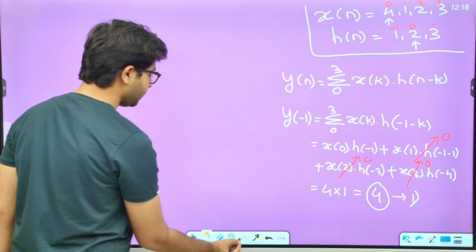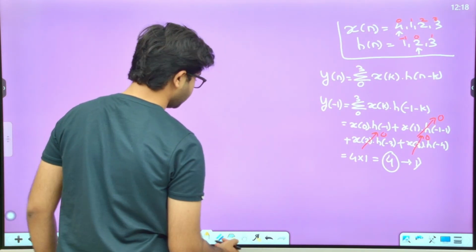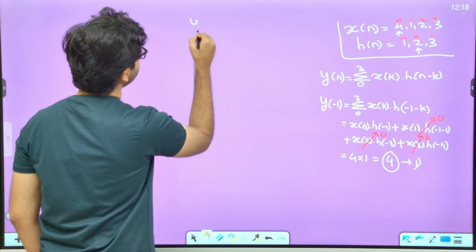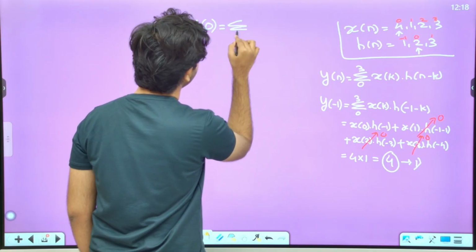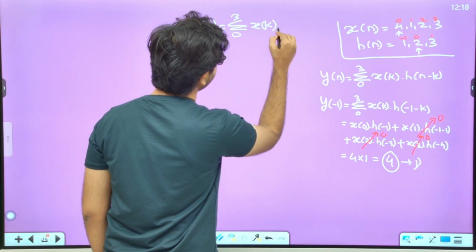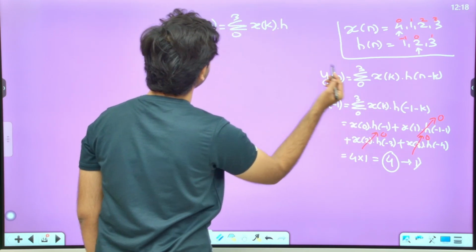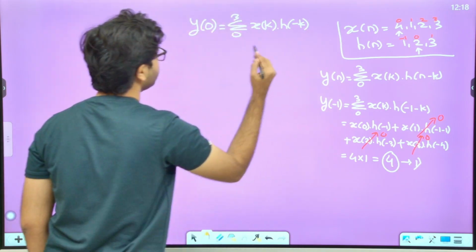Now quickly we will solve all the other parts. Jumping to y of 0. y of 0 will be summation from 0 to 3 x of k h of n minus k, and n is 0, so it will be minus k only. I hope it's visible.